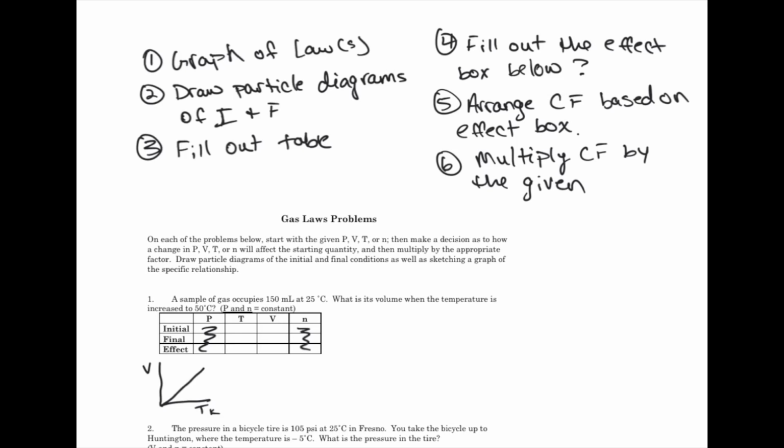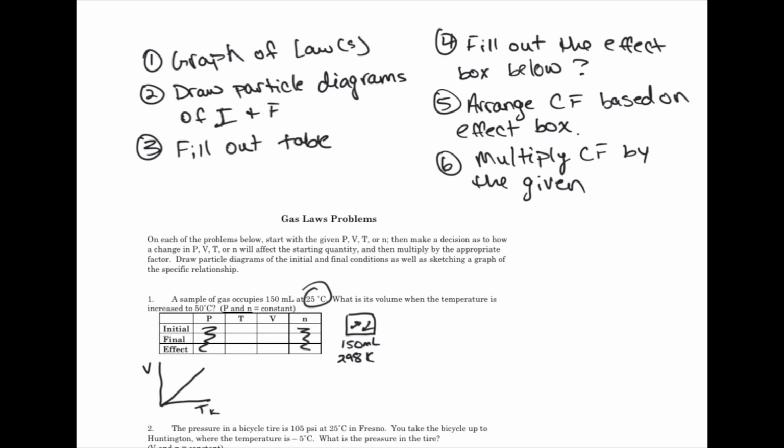All right. Step number 2 is to draw particle diagrams of the initial and final conditions, right? So initially we have particles at 150 milliliters and 298 Kelvin. Notice that I converted that temperature in degrees Celsius to Kelvin.